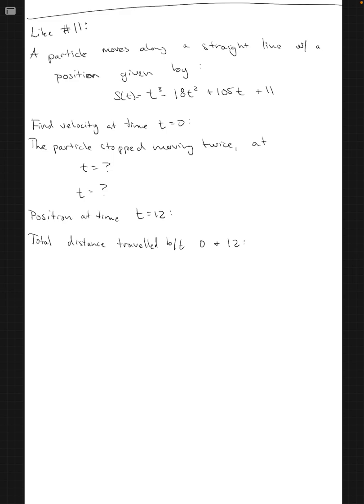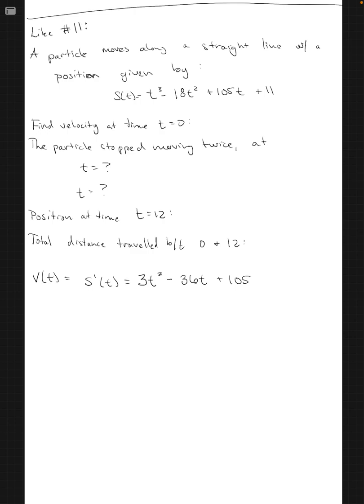So first off, it's asking about the velocity and when it stops moving and distance traveled. So we're going to need the velocity. The velocity of the particle is always going to be the derivative of the position. That's just a polynomial here, so we can use the power rule a bunch, and this time a bunch means 3 times.